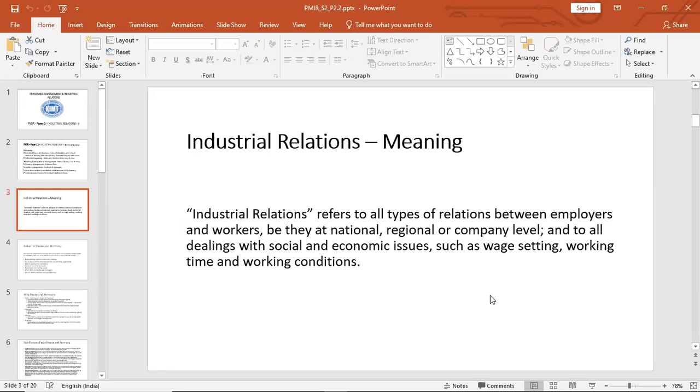So it deals with everything: their wage, their environment, their timing, at every level, small or big, it deals with all the conditions and keeps good relations between employer and employee, workers and owners.